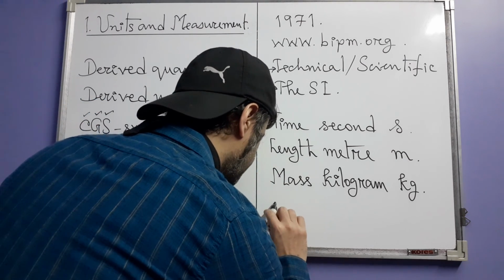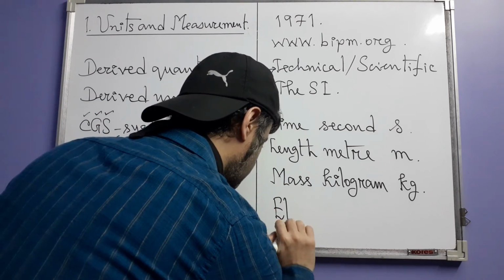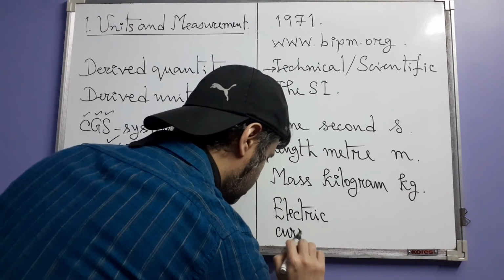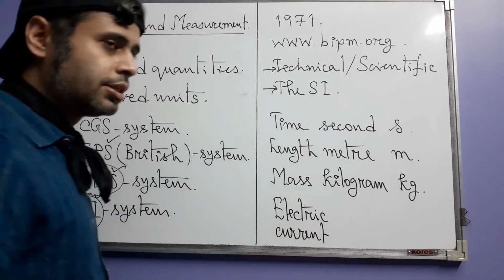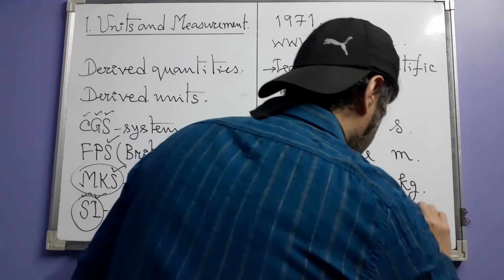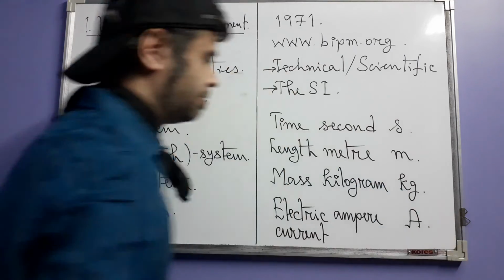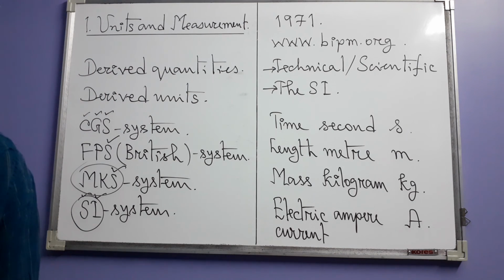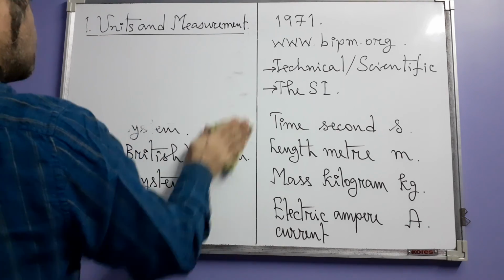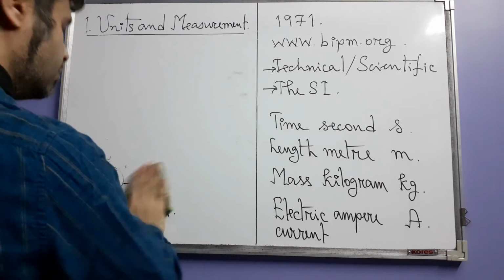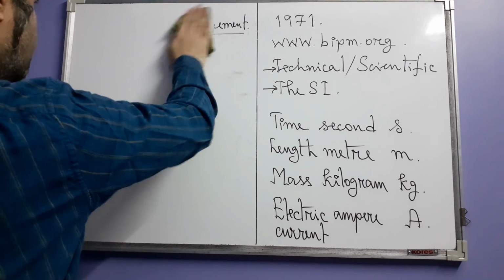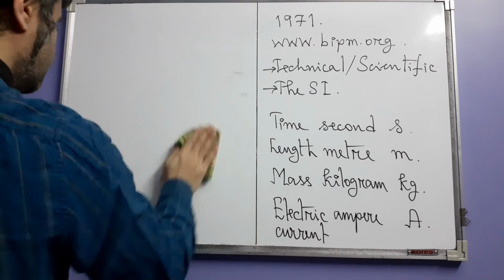Then you have electric current. The SI unit for that is ampere and the symbol is capital A. We will of course gradually know what these units are, what their definitions are, but right now this is just a list of what the fundamental units are.